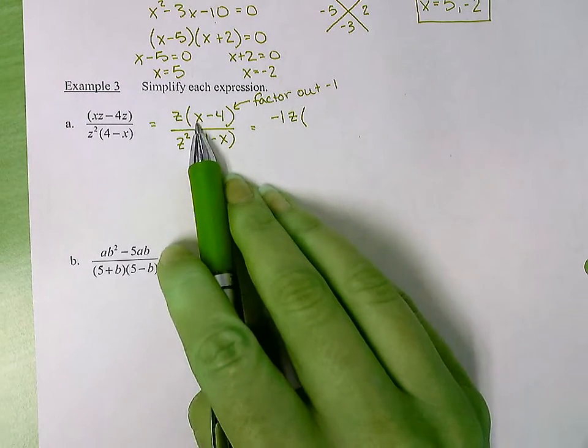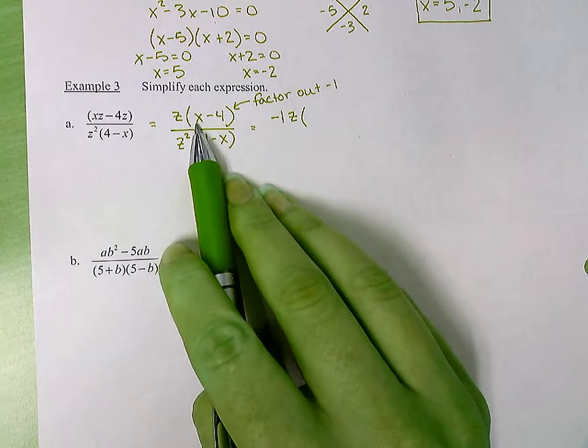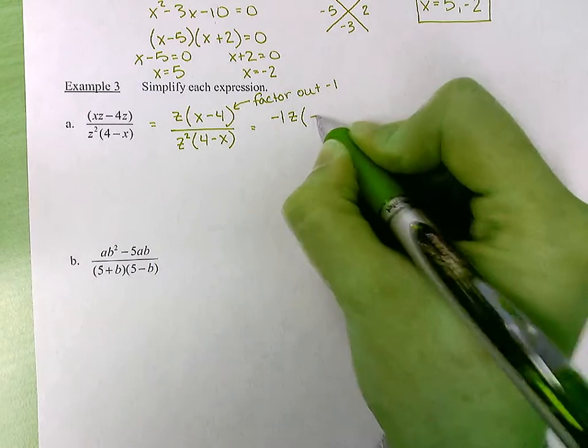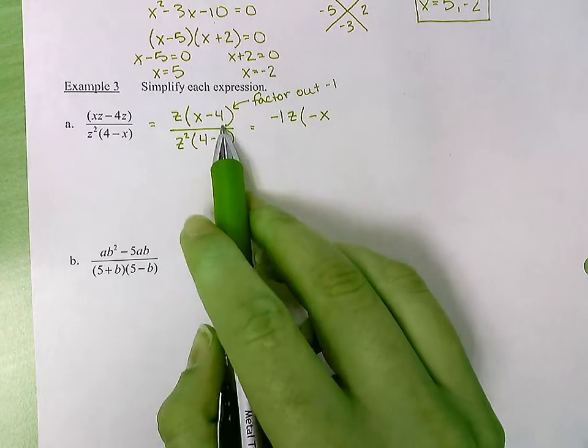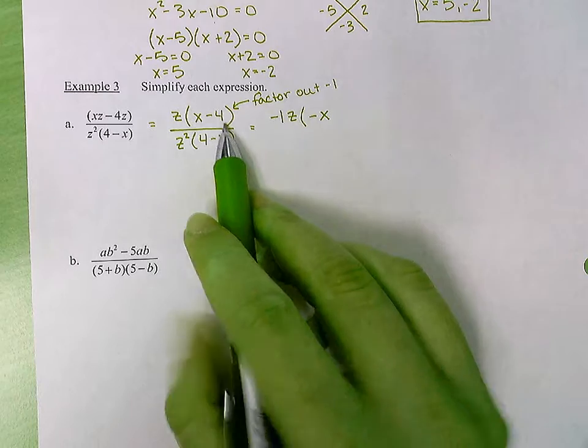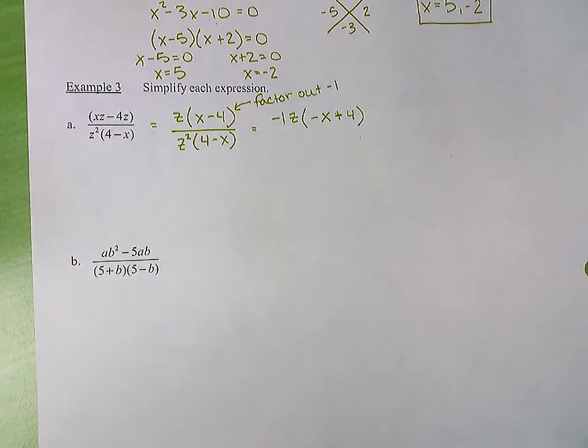Now if I took out negative 1 from this x, what would that make that? Negative x. If I took out negative 1 from this negative 4, no, plus 4. I'm factoring out. Not adding or subtracting. I'm taking out a negative 1.